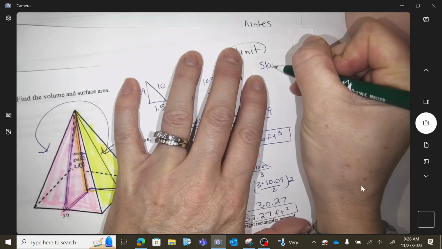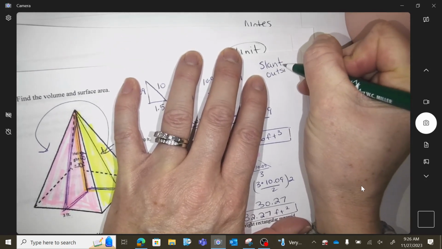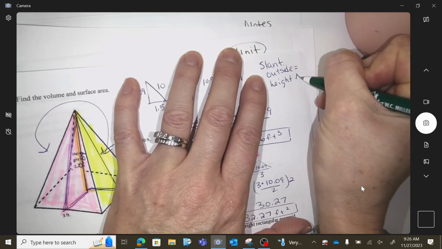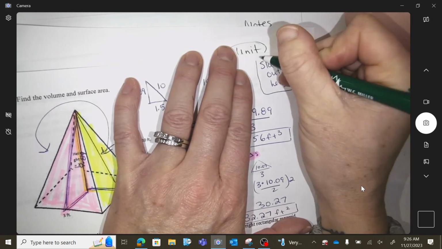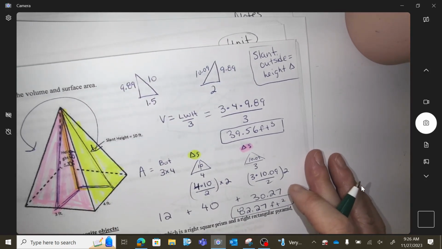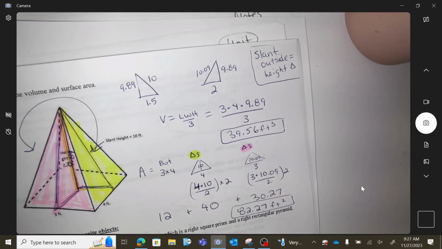Just a reminder: slant outside equals height of just the triangle, right? The slant on the outside is the height on your flat triangles. Slants are heights on triangles, not the height of the pyramid itself. Got that all lined up in your brain with that visualization?